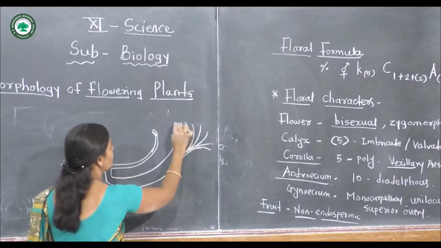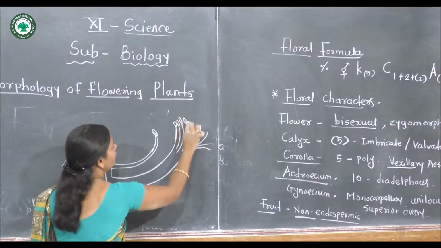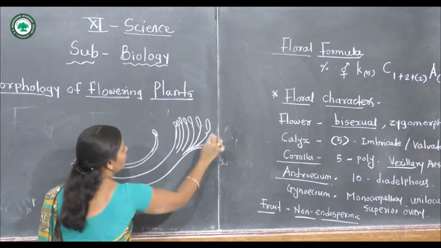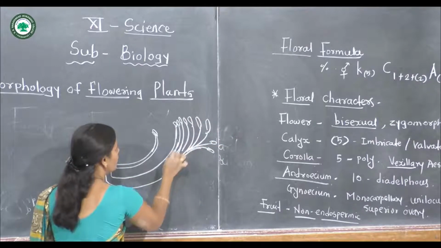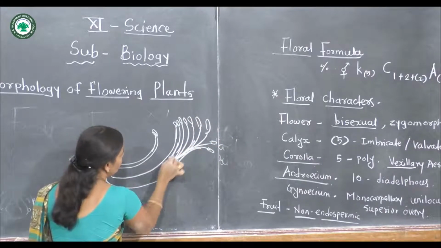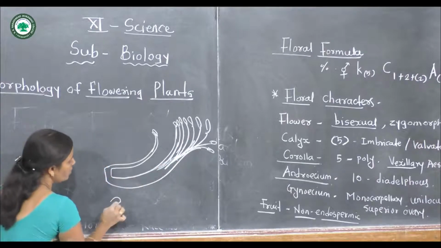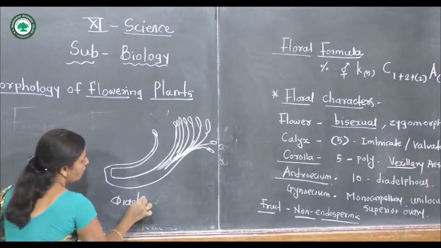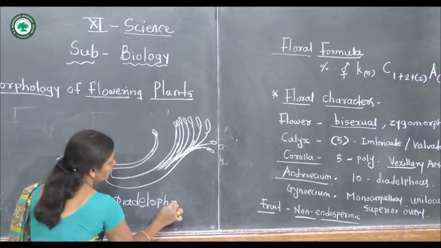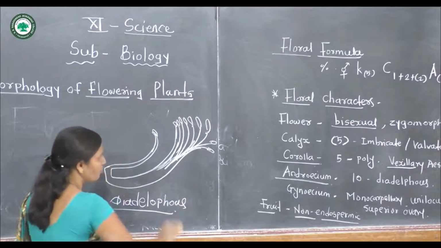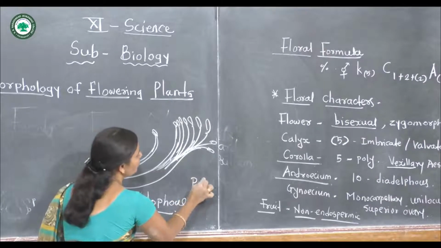These 9 stamens are jointed with each other. These are the jointed structure, and this condition is a diadelphous condition in pea flower.